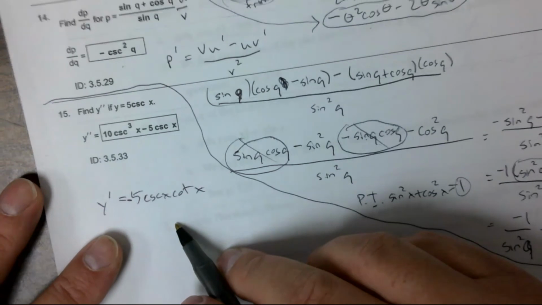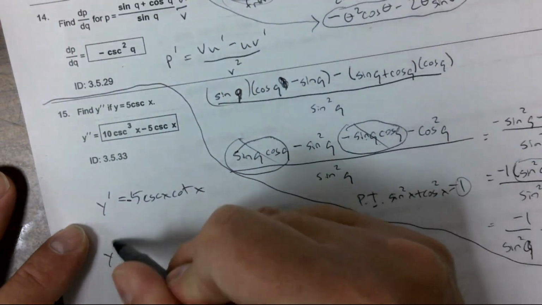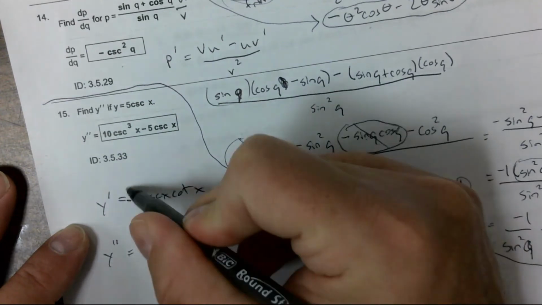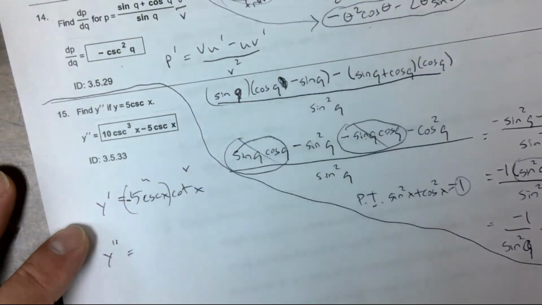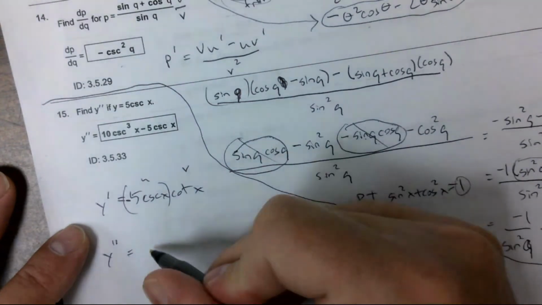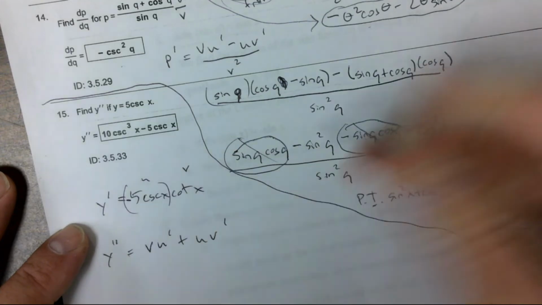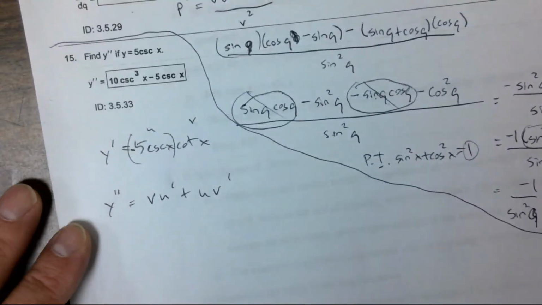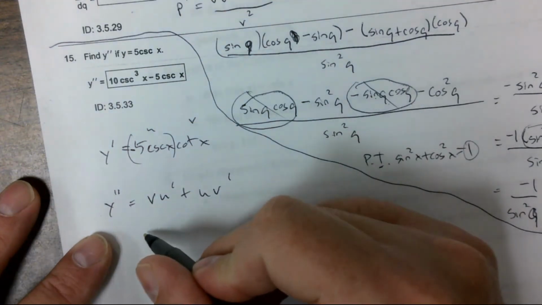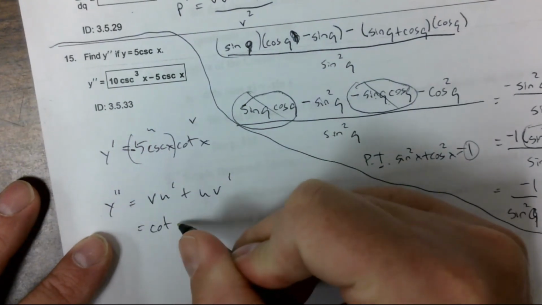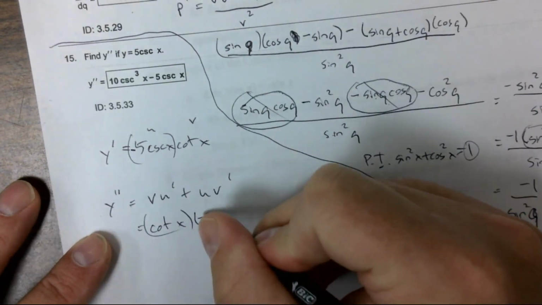Now for your second derivative, we need to group this part as u and this part as v. We're using our product rule, so v u prime plus u v prime. So the v term is cotangent, and we have negative 5.